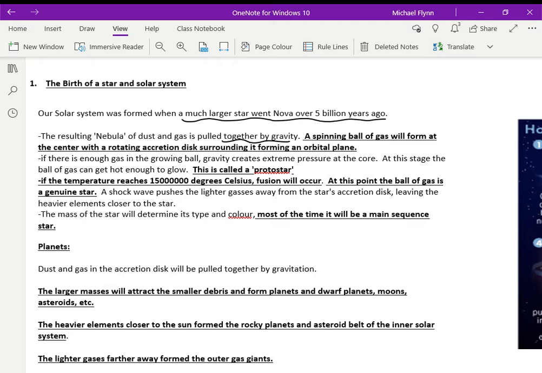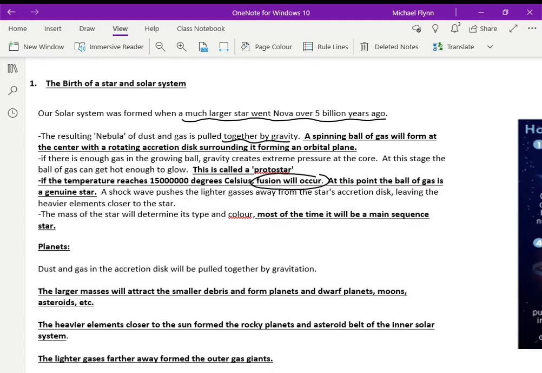Okay. Now, once 15 million degrees is reached in the nucleus, so if the ball of gas is big enough, if it hits 15 million degrees Celsius, you're going to get nuclear fusion. And that is key. So the hydrogen atoms are squeezed so hard by gravity that they're going to fuse together and form helium, and then a tremendous amount of heat gets released.